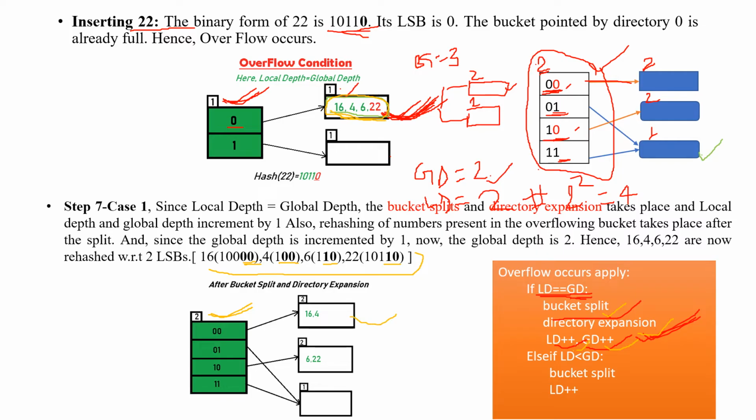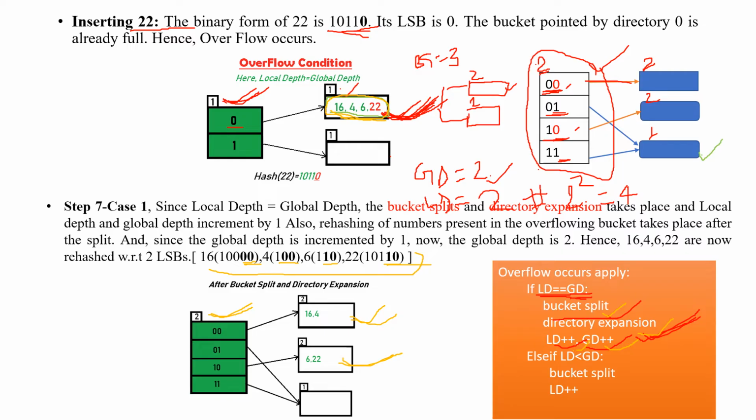In 4, the 2 LSB bits are 0 0, so 4 is also going to be stored here. 6 has 2 LSB bits 1 0, so 6 is going to be stored there. And 22 has 2 LSB bits 1 0, so 22 is also going to be stored there.